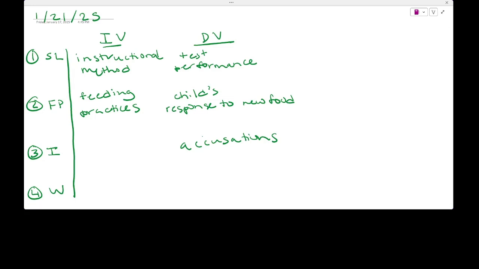I don't see a problem with figuring that out, but coercive interrogation, does that vary enough? Are the researchers going to only look at coercive, or are they going to look at just interrogation in general? At this point of the research process, you don't know just yet. I would just call this interrogation. Interrogation type.